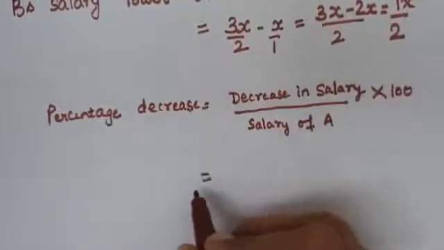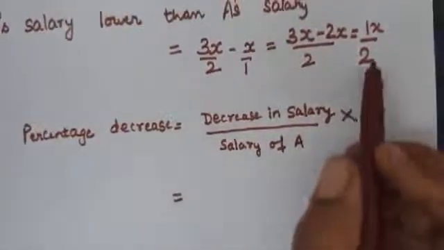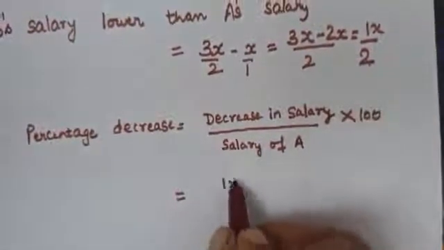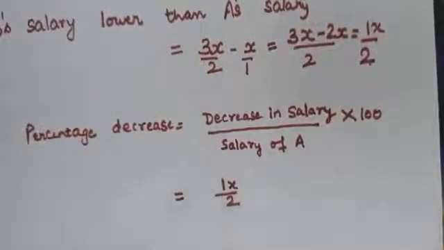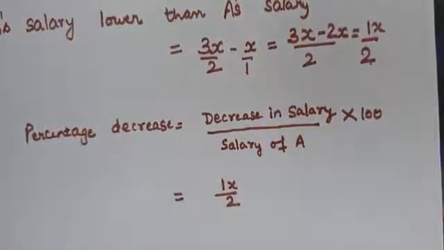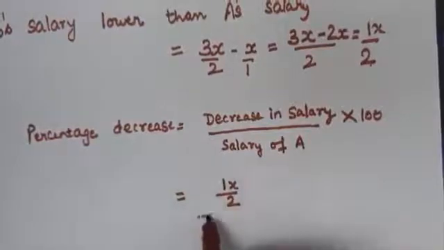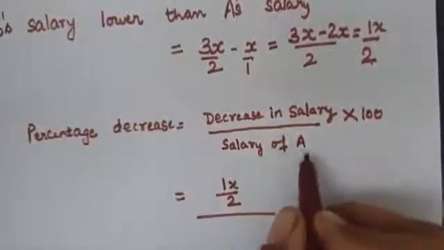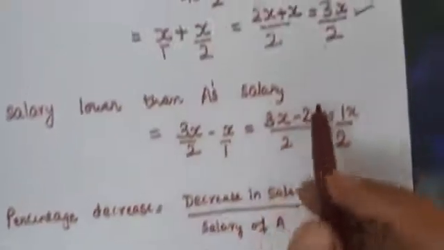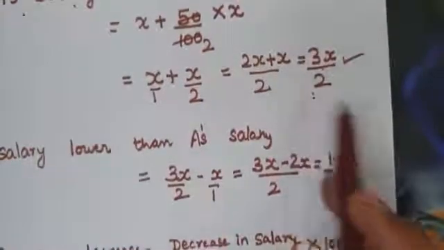Now the decrease in salary we have already found out, that is 1x upon 2, or simply you can write x upon 2, upon salary of A, that was 3x upon 2.